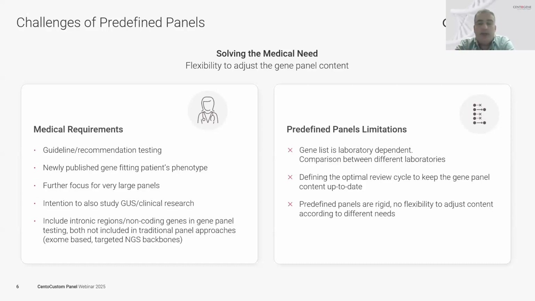Either, once again, because there is an SOP or a guideline recommending the test of a specific group of genes, and the pre-designed panel does not conform to that recommendation, or because there is a new gene that has been published and might fit the clinical picture of our patient, and therefore is not available to be tested in the context of a panel.